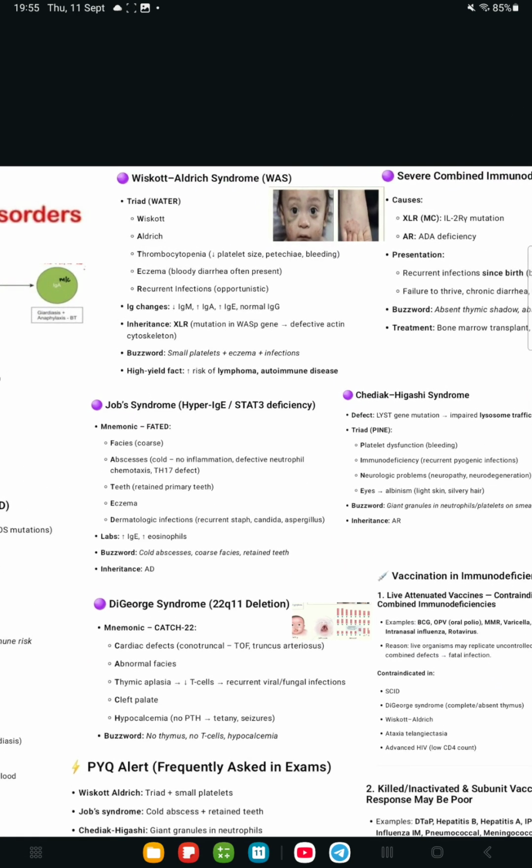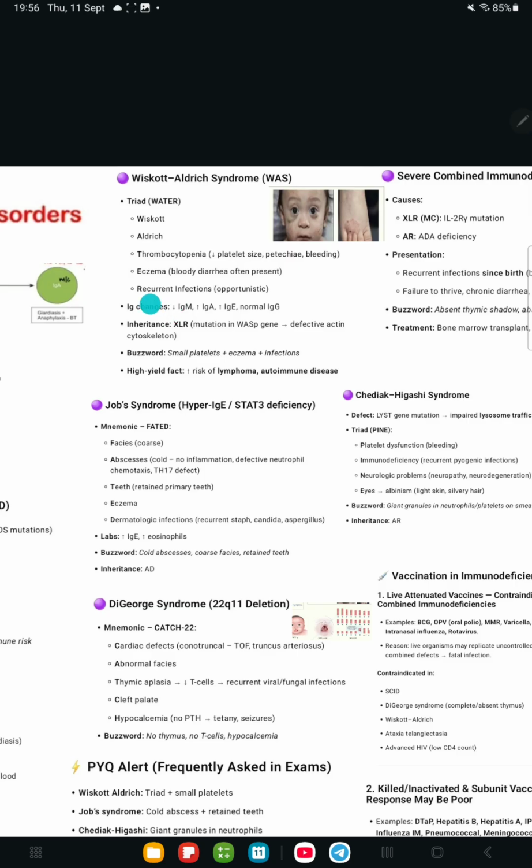So Wiskott-Aldrich syndrome, the triad here, you have to remember the mnemonic: Wiskott-Aldrich, whiskey with water. So remember whiskey, water: thrombocytopenia with low platelet size causing fatigue and bleeding, eczema, and bloody diarrhea often present, and recurrent opportunistic infections. When we see immunoglobulins, IgM will be reduced.